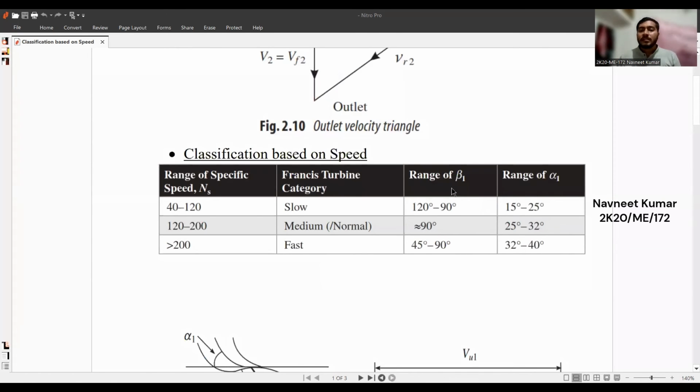Here, when the range of beta 1, that is the blade angle, is from 90 degrees to 120 degrees, it is categorized as a slow Francis turbine, and the range of specific speed is 40 to 120 rpm, and the range of alpha 1 is 15 to 25 degrees. As the range of beta 1 changes, the range of alpha 1 also changes, and thus the category of Francis turbine changes.